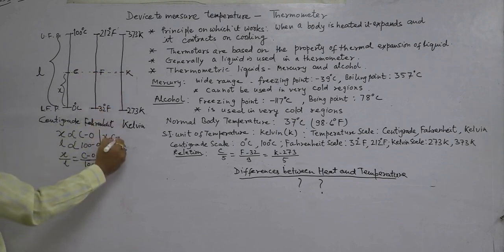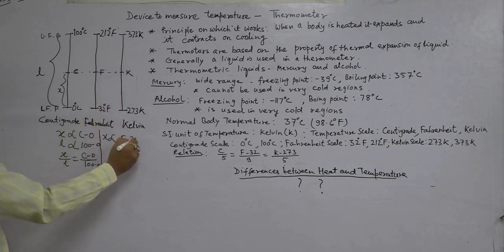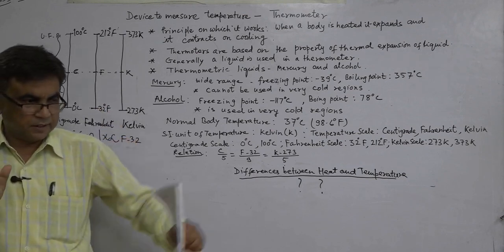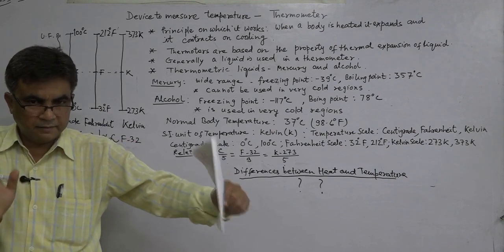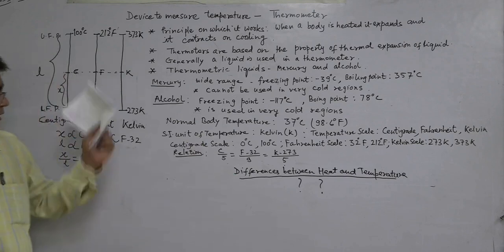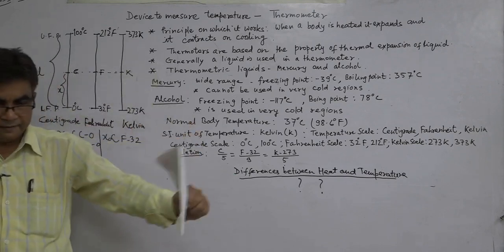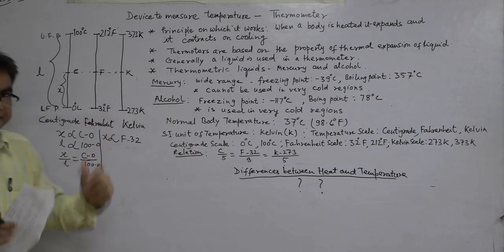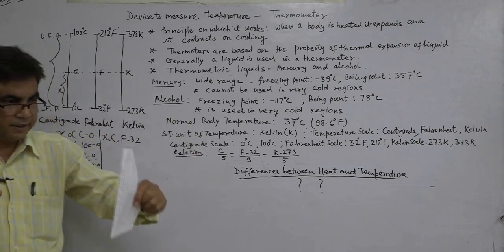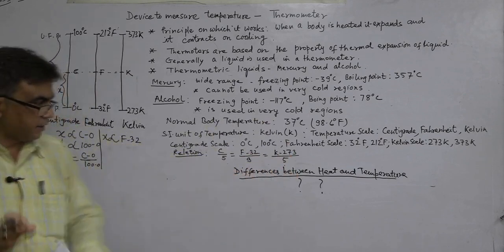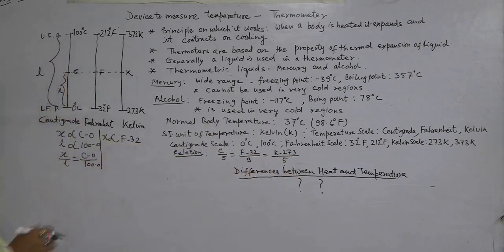F minus 32. Suppose it is 50, then what is in between? 50 minus 32. Here is 32, here is F, so F minus 32. So X is proportional to F minus 32, and I am writing proportion because this F point may change.